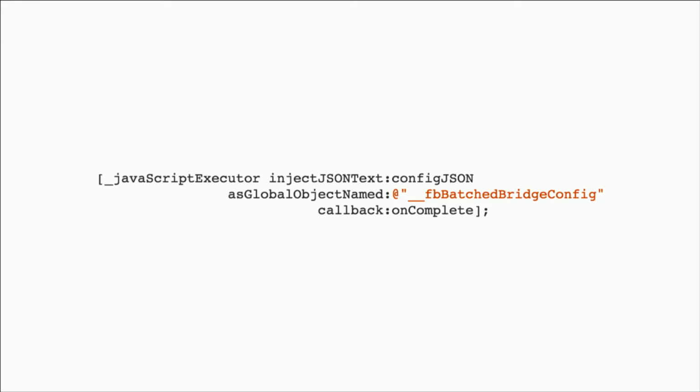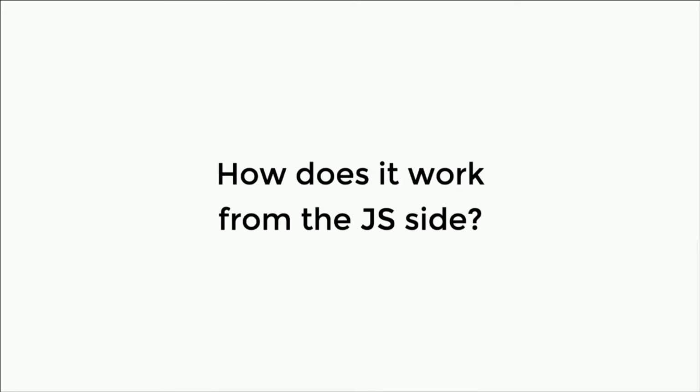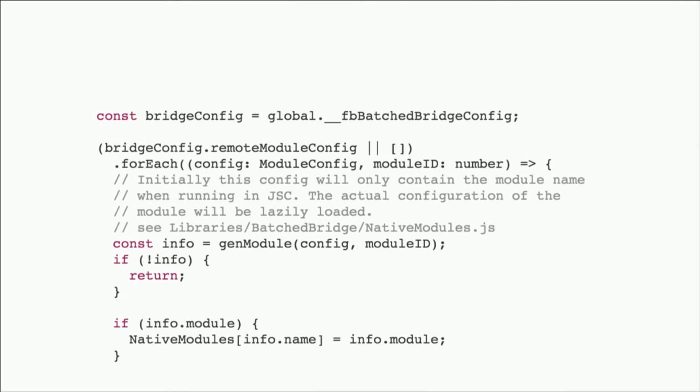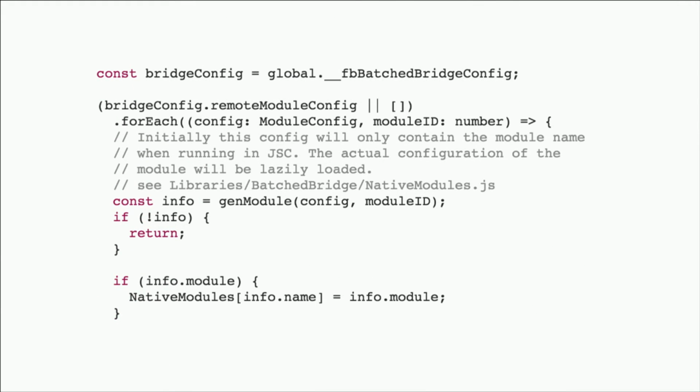And then we just tell the JavaScript executor, hey, inject this JSON text and register it as a __fbBatchedBridgeConfig. That sounds mystical, but let's take a look at the same thing from the JavaScript side. That's the NativeModules file. It's libraries/BatchedBridge/NativeModules inside the React Native repo.